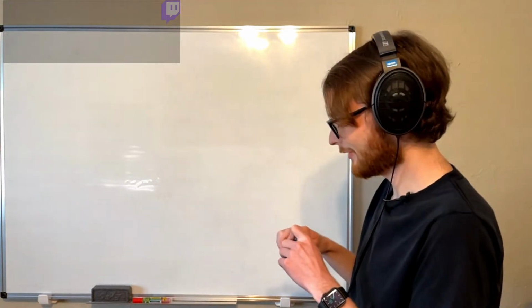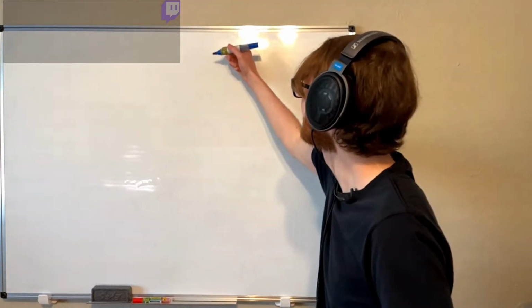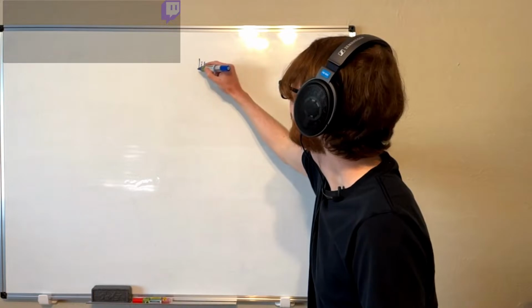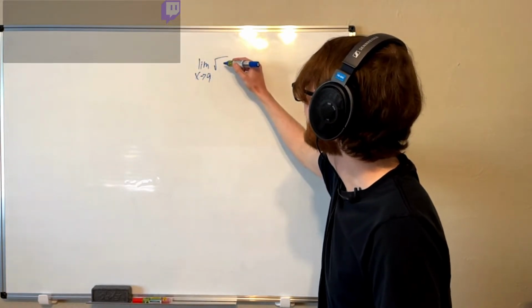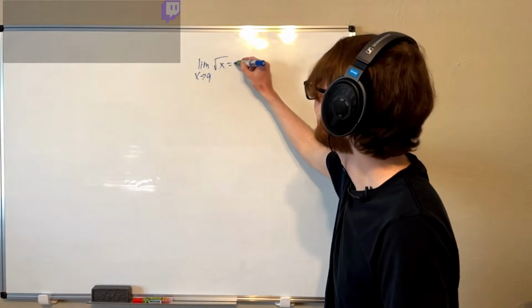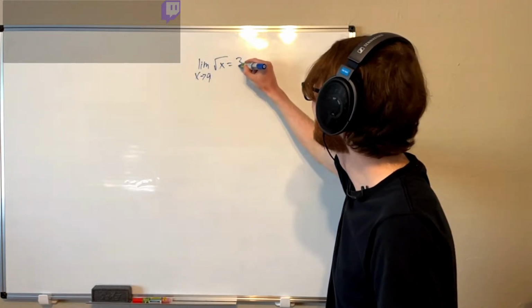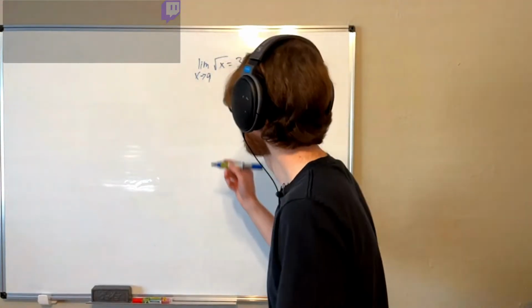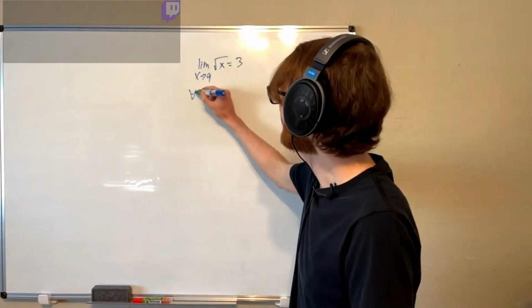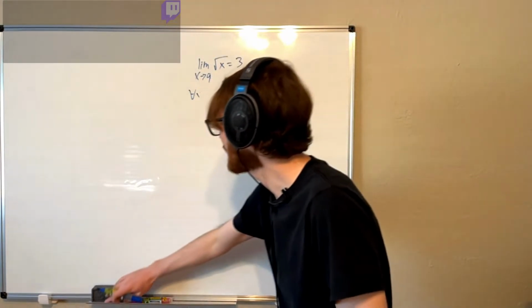All right, so epsilon delta: the limit as x goes to 9, not a. I'm done with a's. A is weird. I hate a. Equals 3. Okay, start it up the way we always start it.